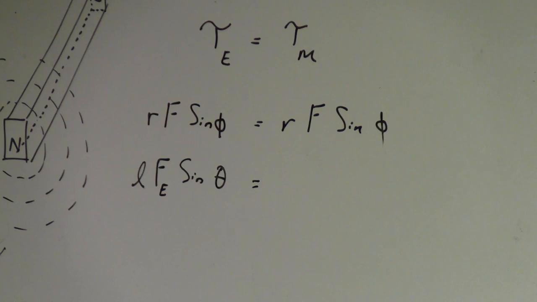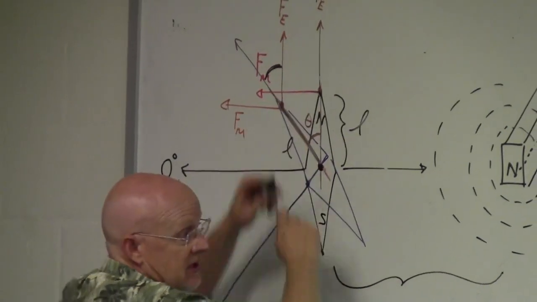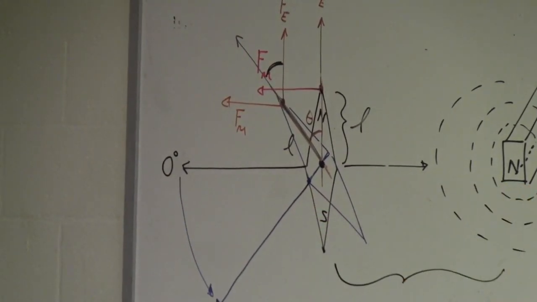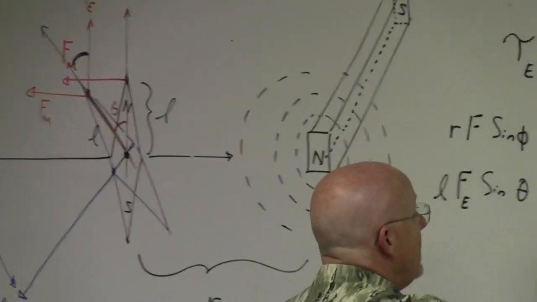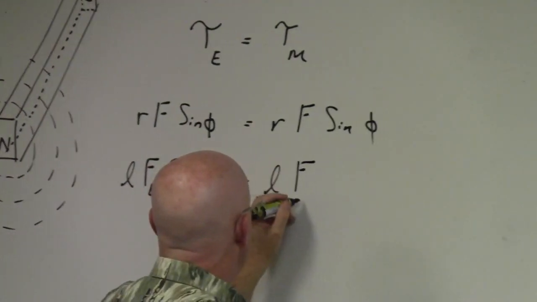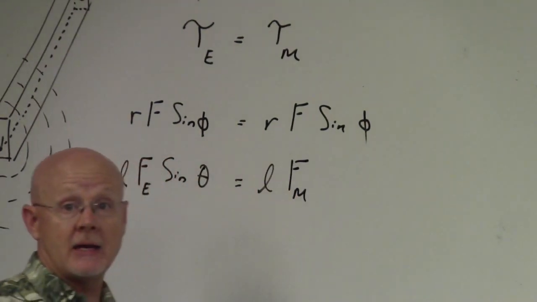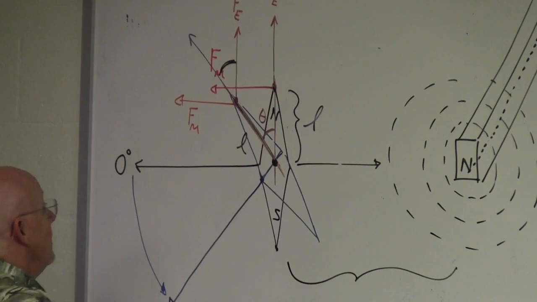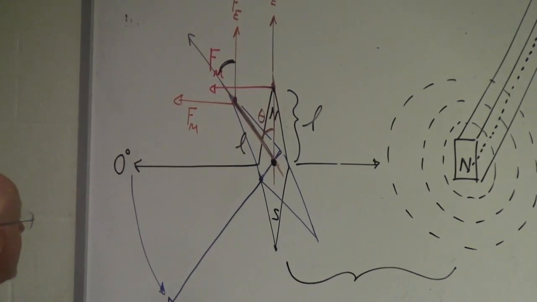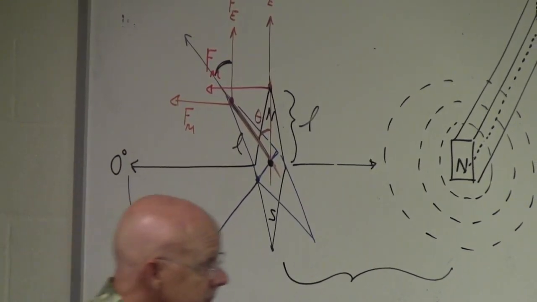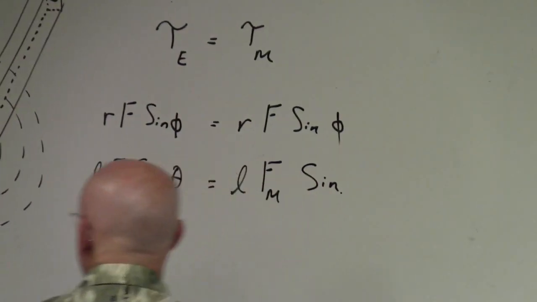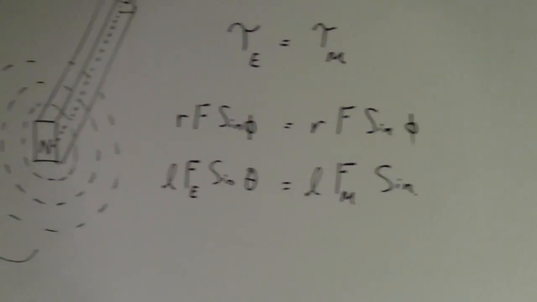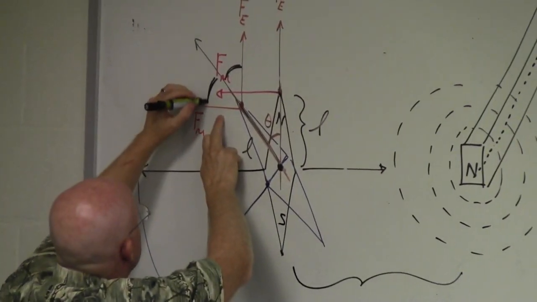So again, the R would still be this same distance, L, okay. The F would be the force coming from my magnet. So here's my magnet pointing this way, so there's the magnetic force. And the angle between them would be this angle right here.